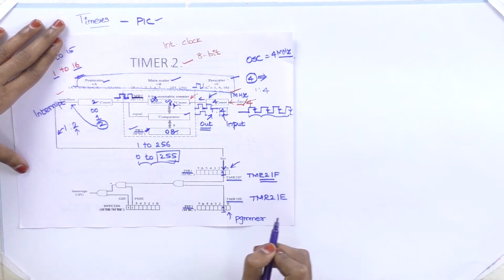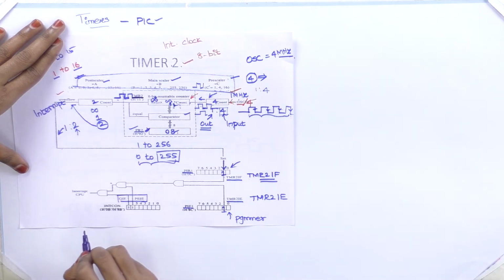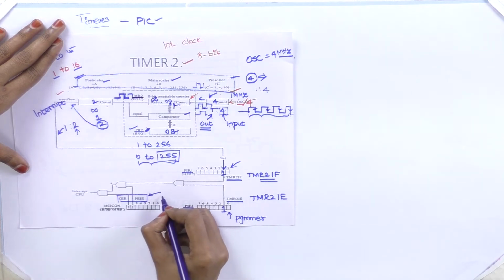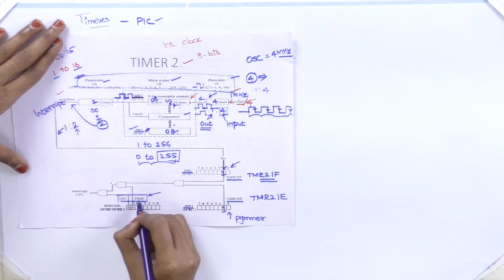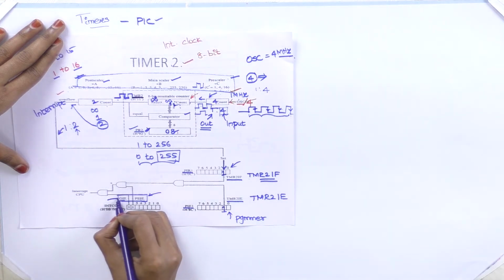This also should be enabled, and then 2 more bits must be enabled. Those 2 bits are PEIE, the peripheral interrupt enable bit, and GIE, the global interrupt enable. We know this already, global interrupt, we saw about this in the previous video lecture itself.